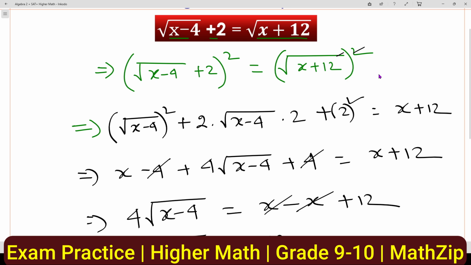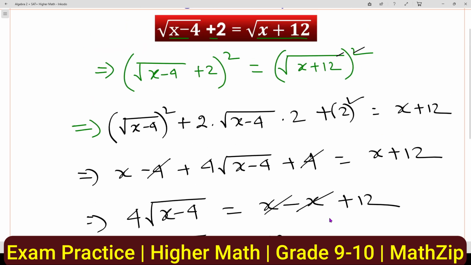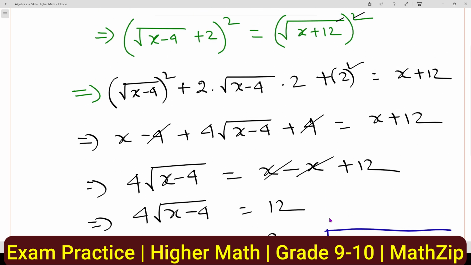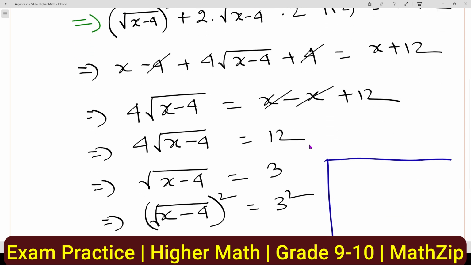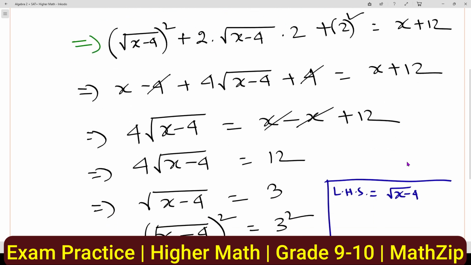We have to verify the radical equation. Why? Because sometimes the result is not possible. In this case, the left hand side will be √(x − 4) + 2.